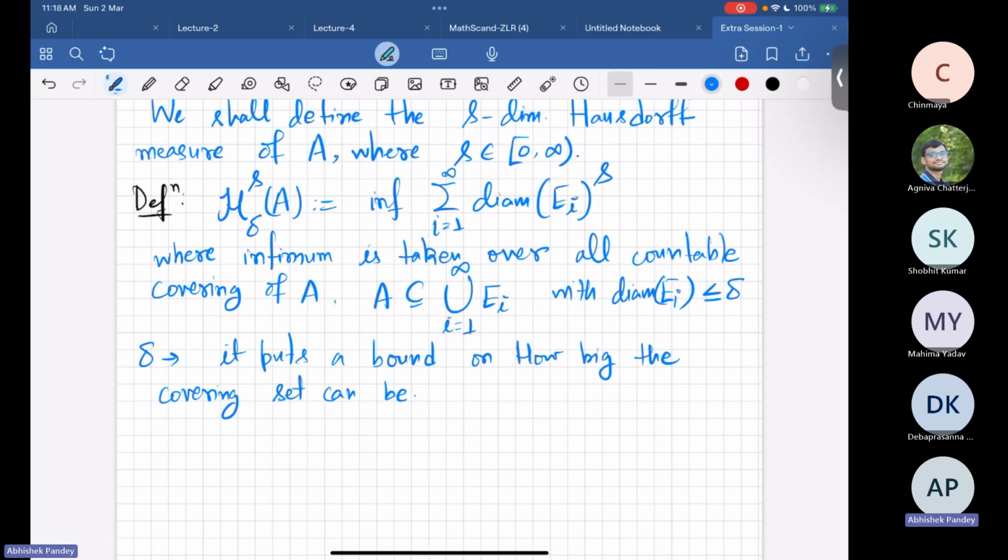Because once you make delta very small, the diameter is getting small, and you take the summation and the infimum over all these coverings where the diameter is now less than delta, let us say delta naught, which is less than delta. So earlier you had a covering for a diameter less than delta, now you have more coverings.